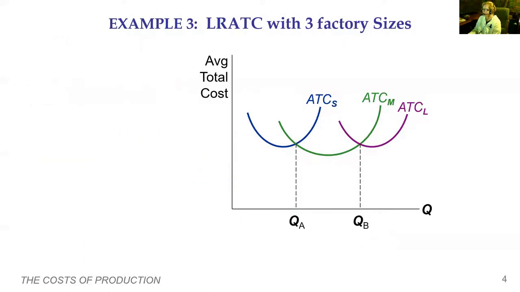Okay, so just to recap, at quantity A, I am benefiting from economies of scale. So in this section right here, from 0 to quantity A, in my small factory, I have economies of scale.